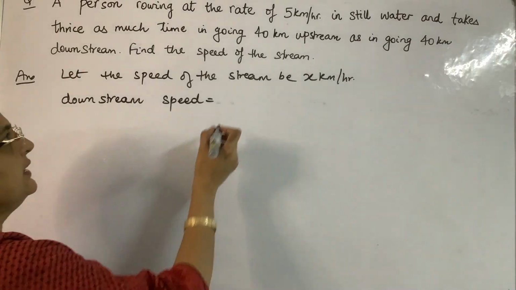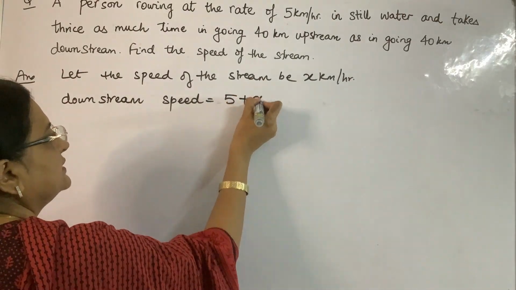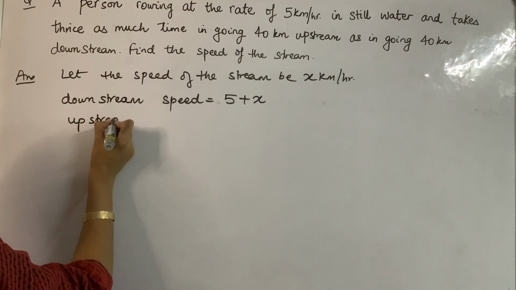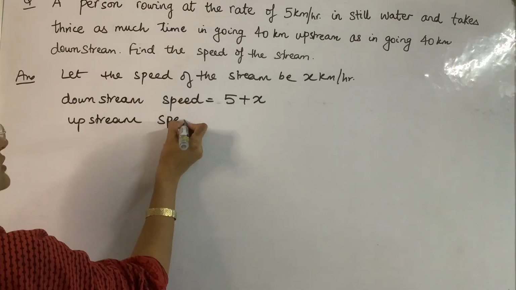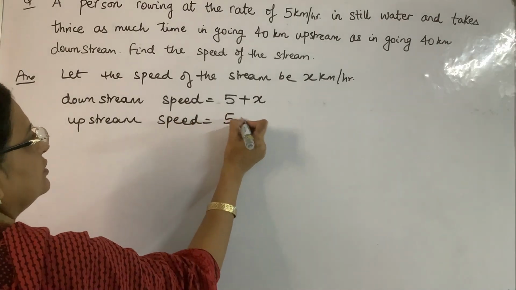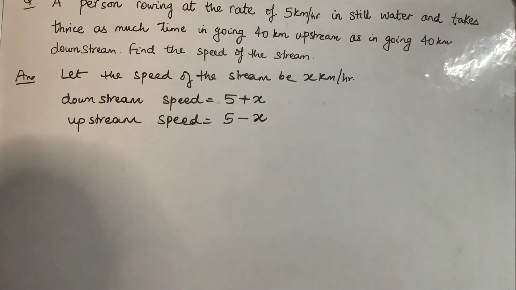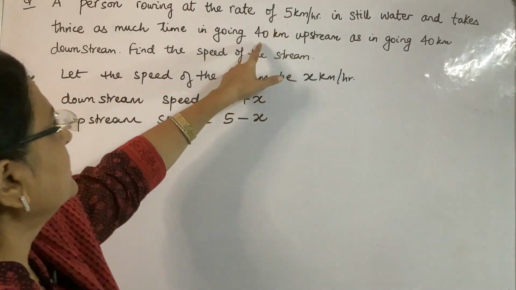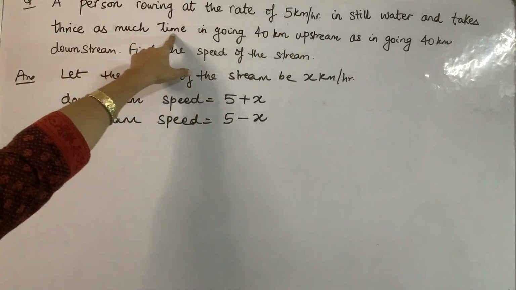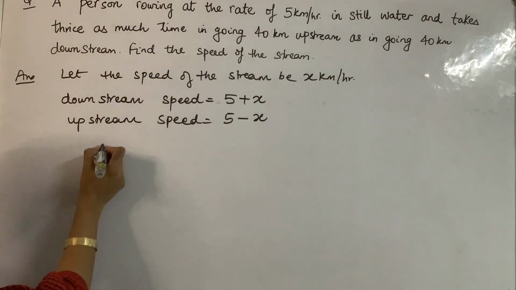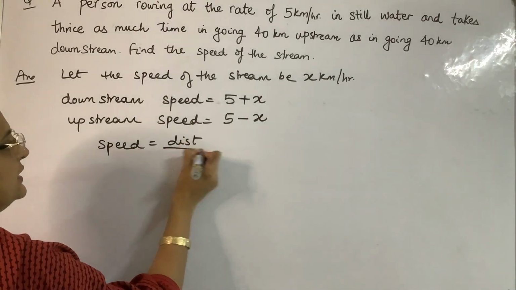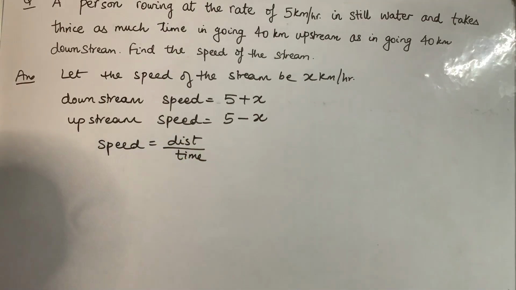Along the river it will be boat plus stream, and upstream speed means opposite to the direction. So we have already discussed, it will be 5 minus x. Now you have to relate between speed, distance and time, thrice as much time. So what is the relation? Speed is equal to distance upon time.